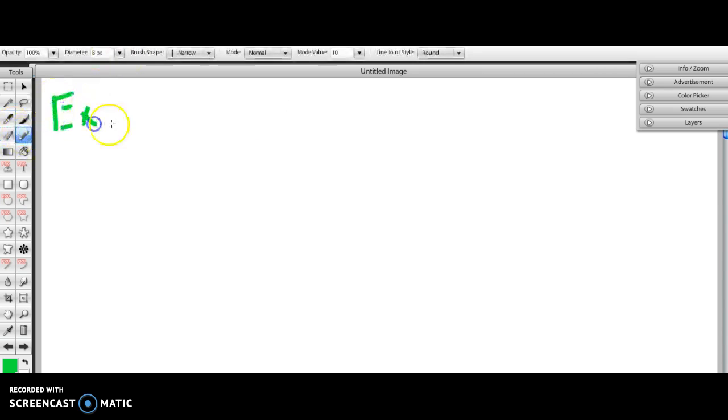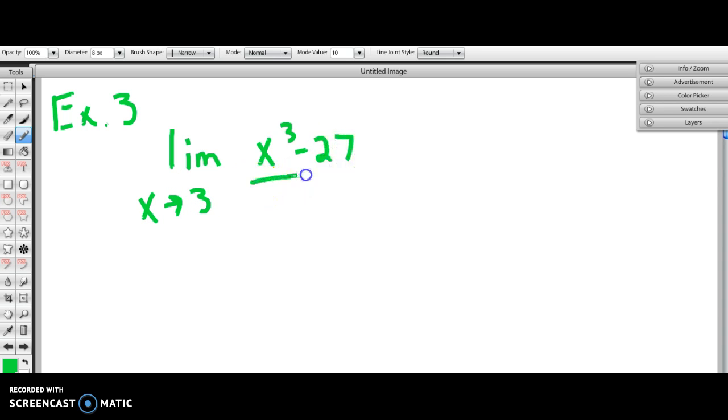Example 3. We have the limit as x approaches 3 of x cubed minus 27 over x minus 3. This is another one.